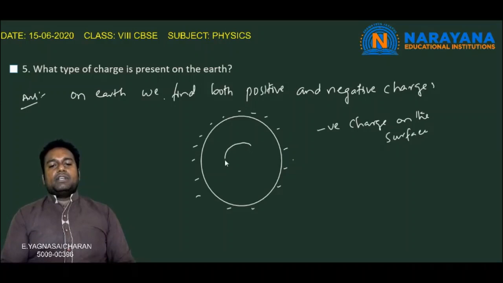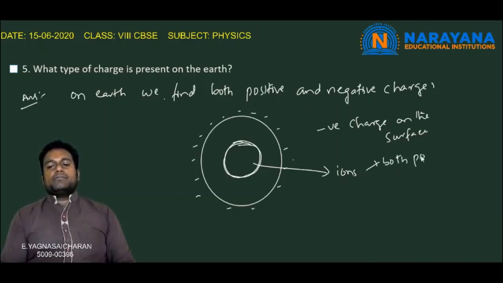If we consider the center of the Earth, because of the high temperature and high pressure, the complete state exists as ions which contain both positive charges and negative charges. But the surface of the Earth is completely negative charged. But because of the principle of electrical neutrality, the whole charge on the Earth is considered as zero. But on the Earth we find both positive charges as well as negative charges.